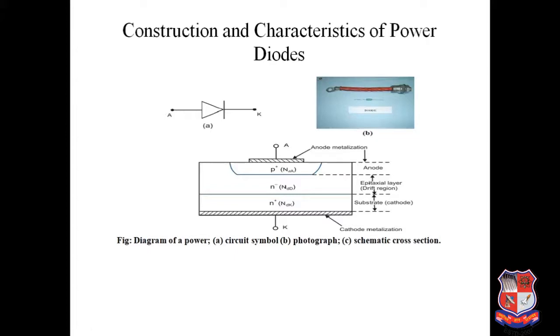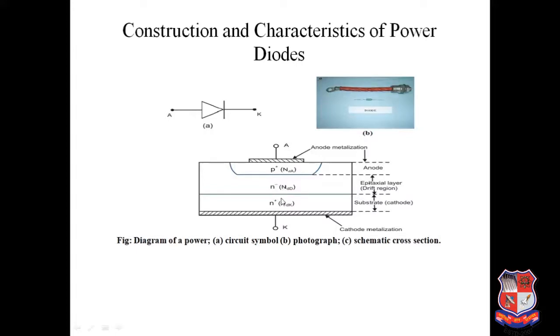In a low power diode the drift region is absent. So if you are making a good power diode, then this is the P plus, N minus and N plus, but if you have a low power diode, then the drift region is absent.